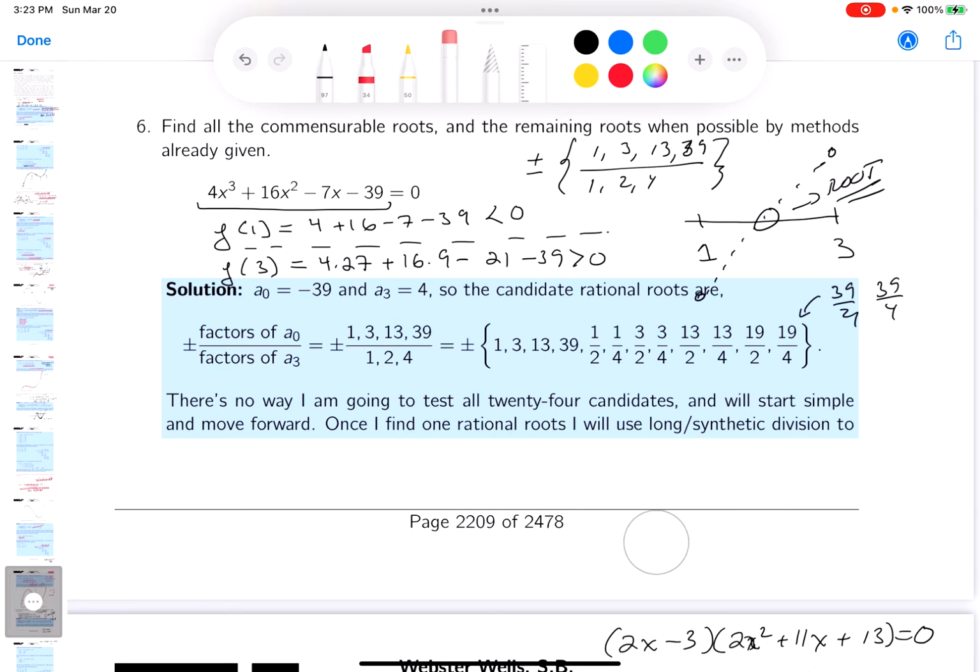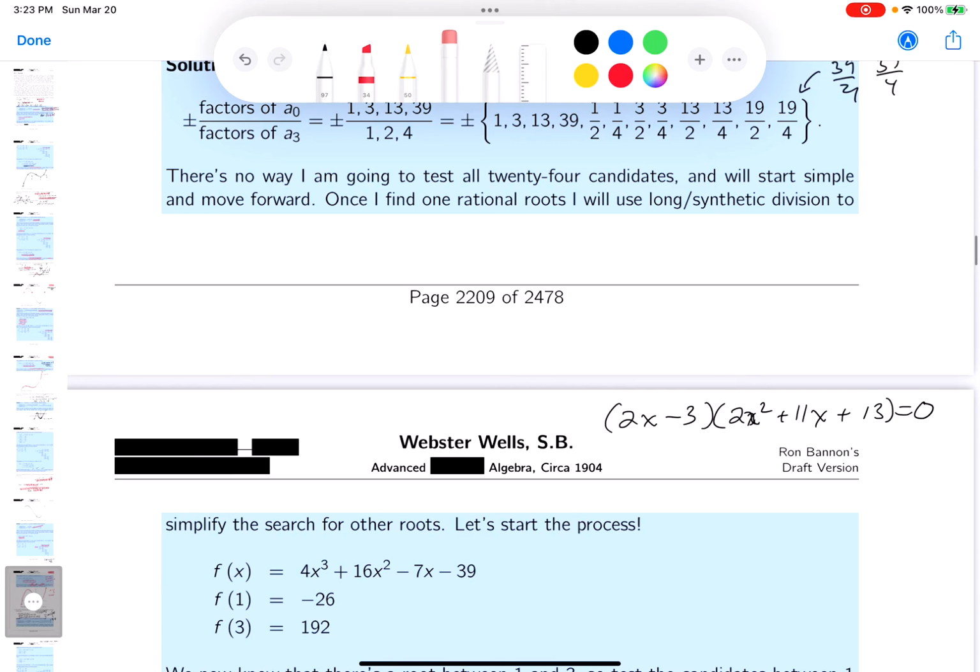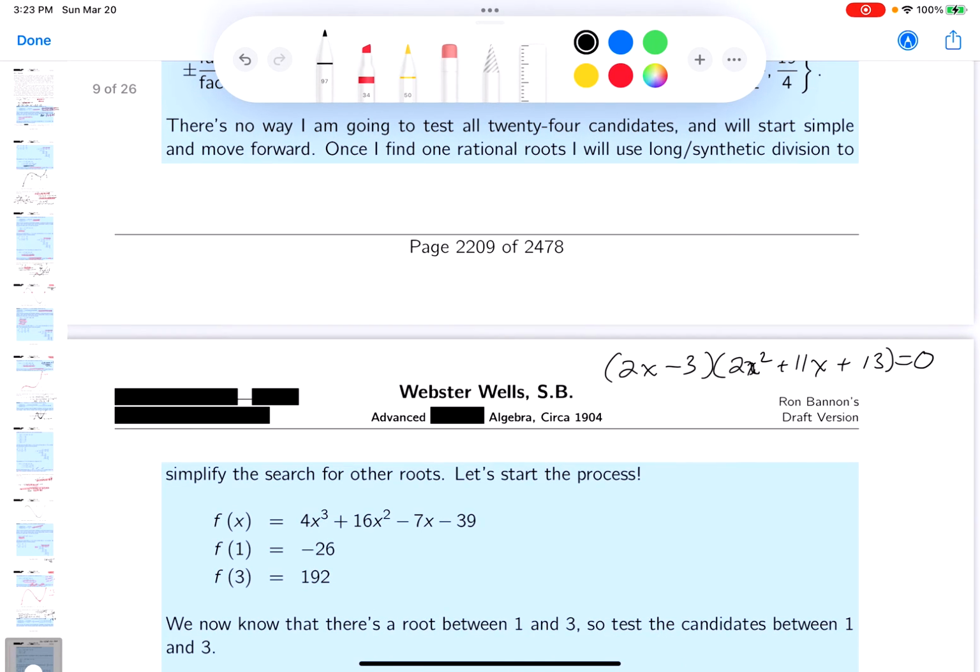And I want to go further than that, though. I'll write it down for you, maybe a little clearer: 2x minus 3, and then you get 2x squared plus 11x plus 13 equals 0. I think you probably know I want to try to factor that. What's nice about that factorization is very little choice, by the way.